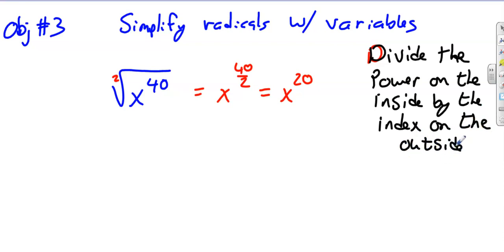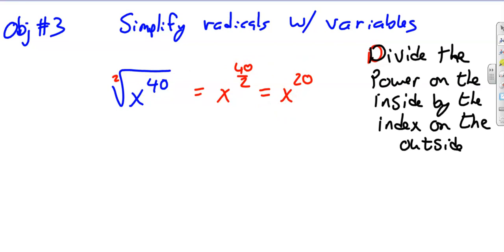Really, we're just rewriting it from a radical form back to an exponential form for the variables. So the variables are just that straightforward. Take the index here, divide it into this number, work it out, and you got the answer that you're looking for.